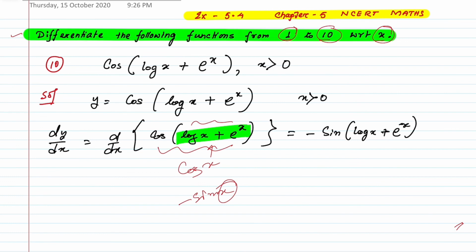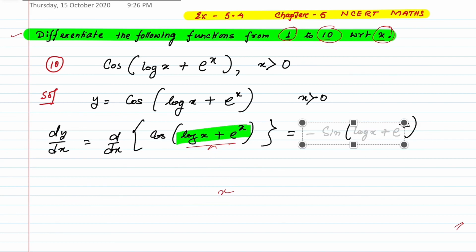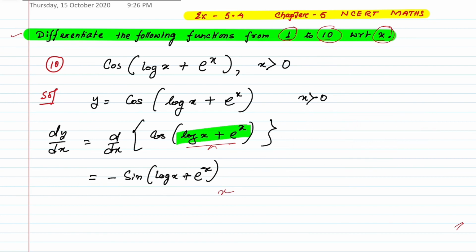Now again you see, actually this is not x, this is sum of two functions. Again you have to find the derivative of this. Let me write this part here. Okay, so again you have to find the derivative of log of x plus e to the power x.